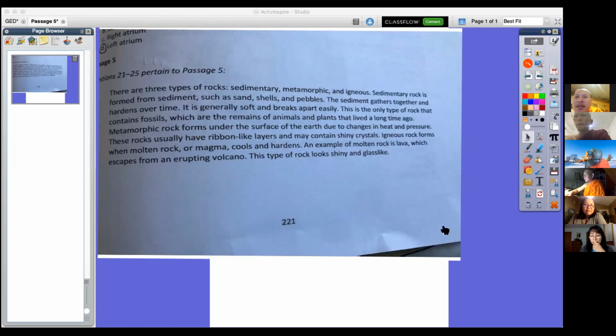Yes, these rocks usually have ribbon-like layers and may contain shiny crystal. Very good.